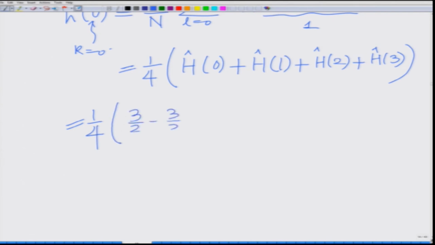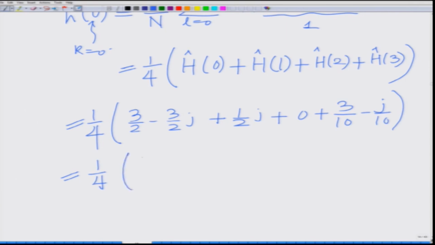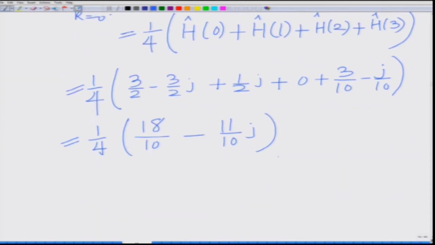So, this is 3 by 2 minus 3 by 2 j plus half j plus 0 plus half j plus 0 plus 3 by 10 minus j by 10, which is equal to 1 over 4 times 18 by 10 minus 11 by 10 j, which is basically h hat 0.